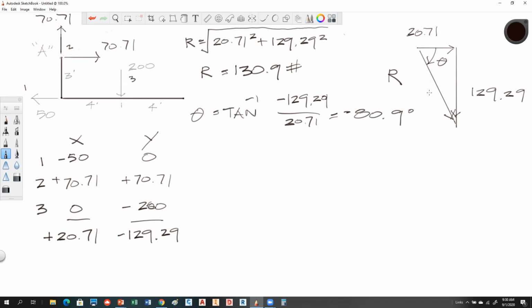But now that we know that this thing is 130 pounds and it's 80 degrees with respect to the x, we still need to know where that thing is, because it could be here, it could be here, it could be anywhere along that line. So what we're going to do is now utilize a moment.